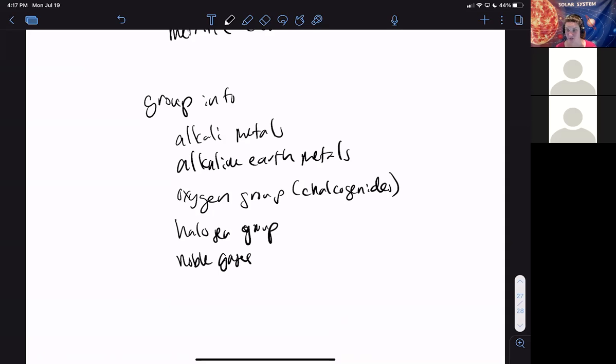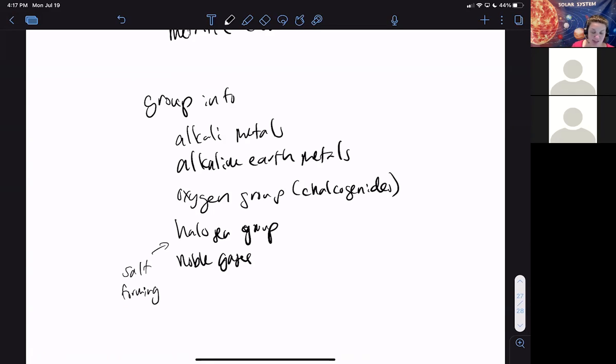They want to gain electrons, so they have very negative electron affinities. By the way, halogen means salt forming. So they all want to form salts. They prefer to be in an ion state.